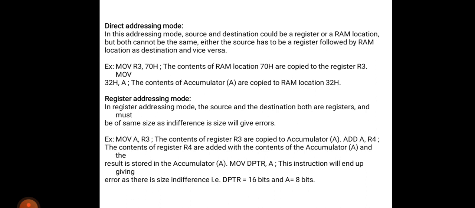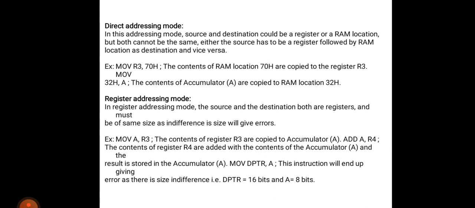For example, the address of the operand is specified in the instruction itself. Internal RAM addresses starting from 00H to 7FH, and special function register addresses starting from 80H to FFH are only allowed in the direct addressing mode.